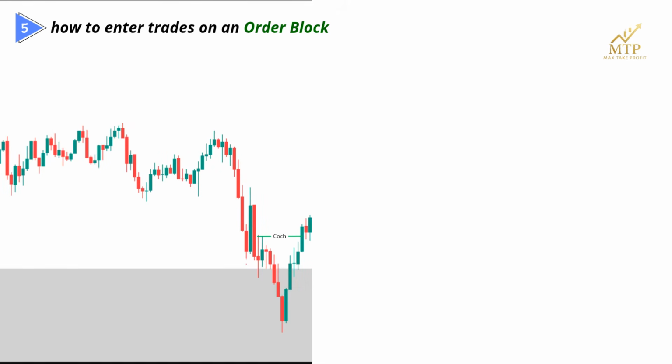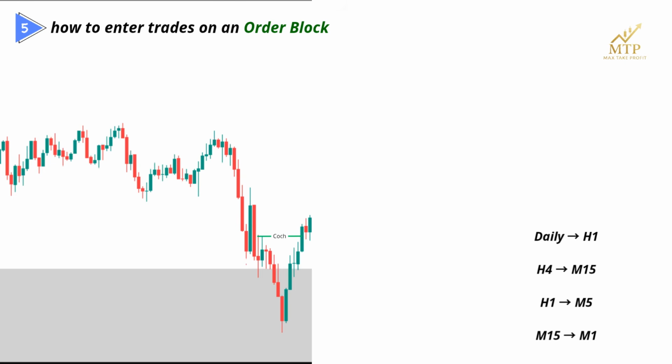Time frame combinations examples: daily, H1; H4, M15; H1, M5; M15, M1. Identifying a COCH on a lower time frame allows for sniper entries with tight stop losses and a high risk-to-reward ratio.